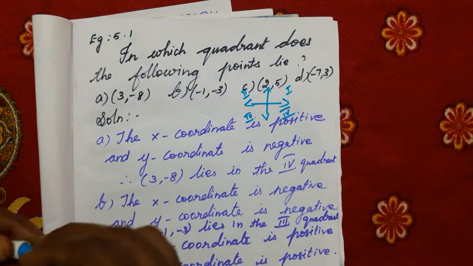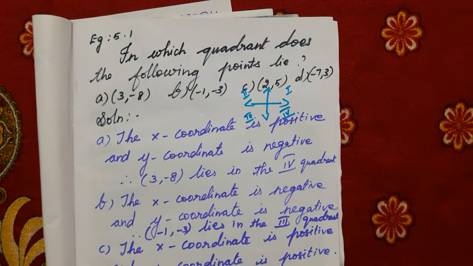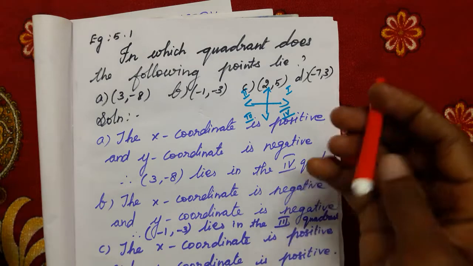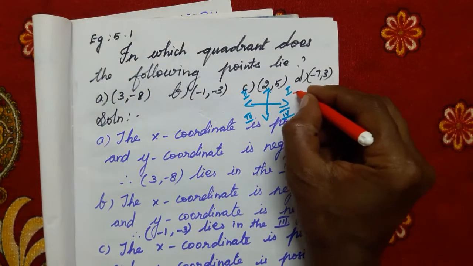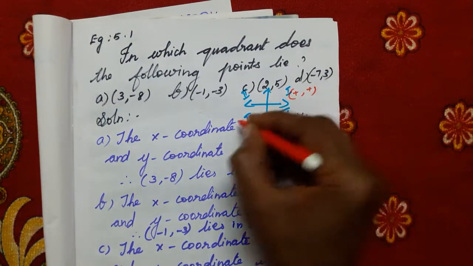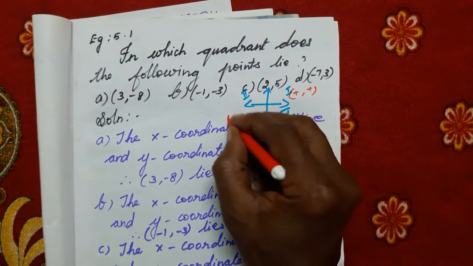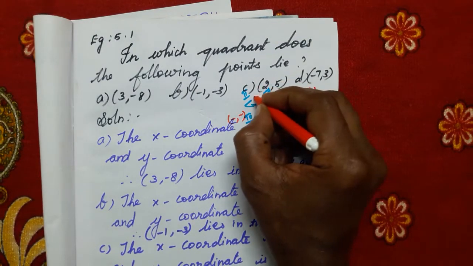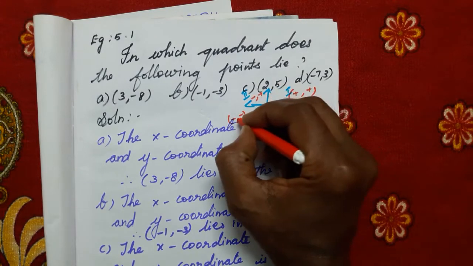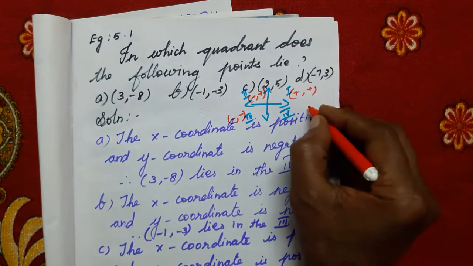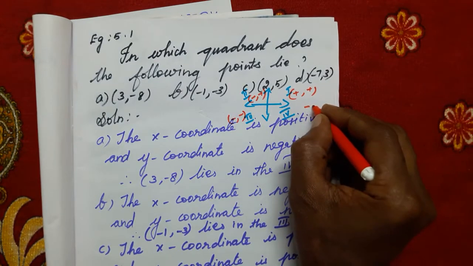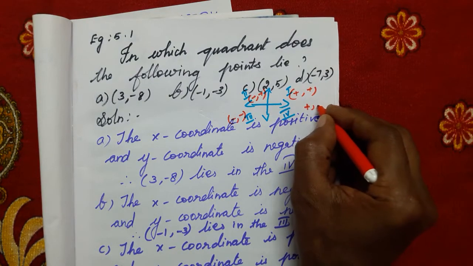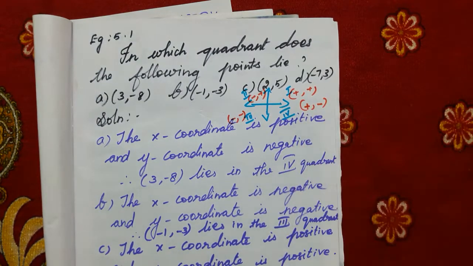I already explained to you, in the first quadrant both coordinates are positive. In the third quadrant both are negative. In the second quadrant, what will we get? Negative, positive. In the fourth quadrant, positive, negative. Roughly you draw like this.